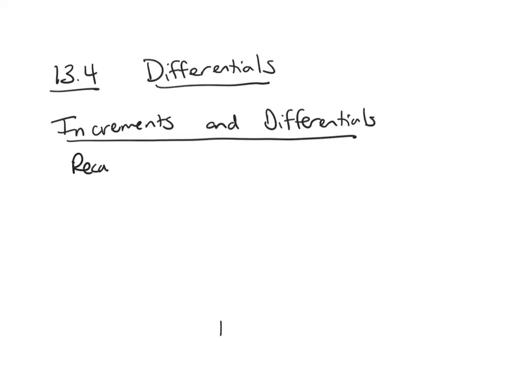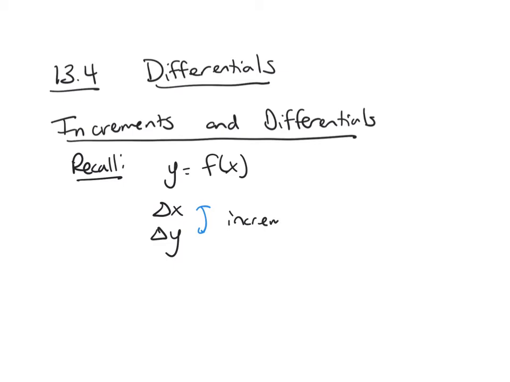So recall back when we had y equals f of x, we would talk about delta x and delta y. These things are small increments of x and y.